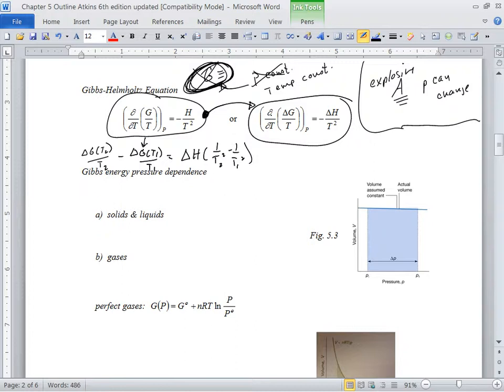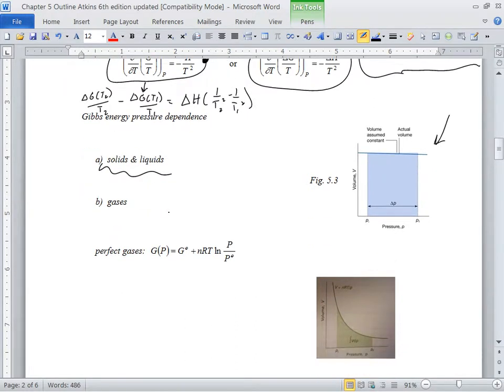I think we jumped ahead and we already talked about this: how solids and liquids aren't compressible, but gases are. So that needs to be moved up. Somewhere in the reading, the book hit this and then had this diagram, and then they jumped over here.